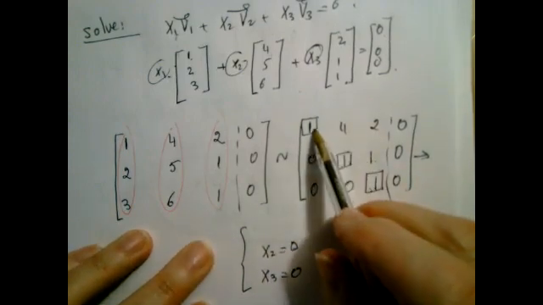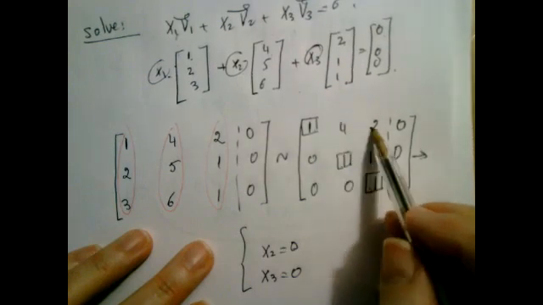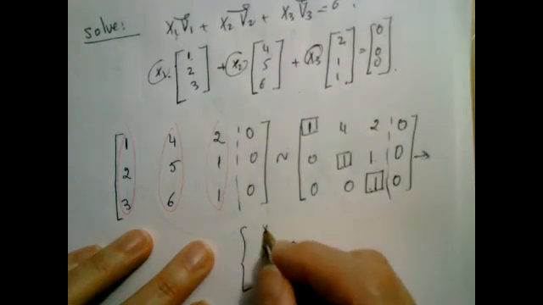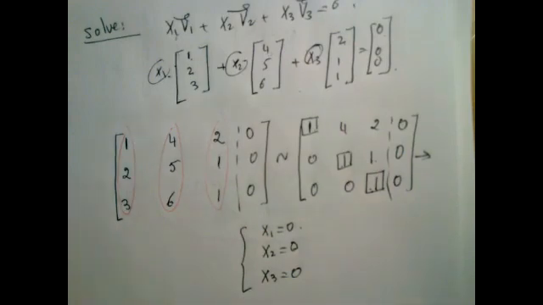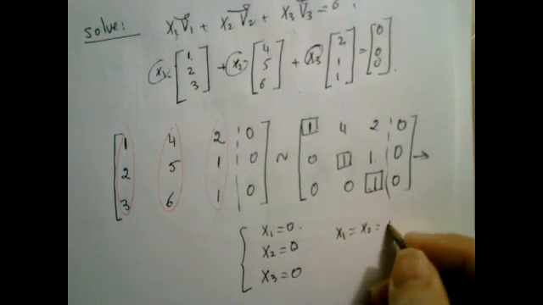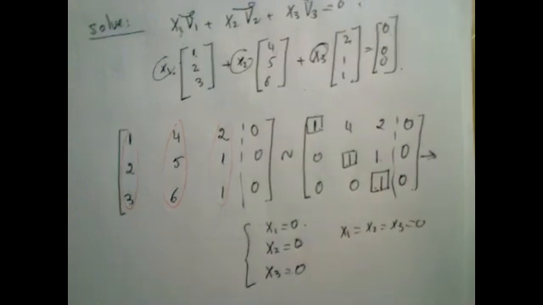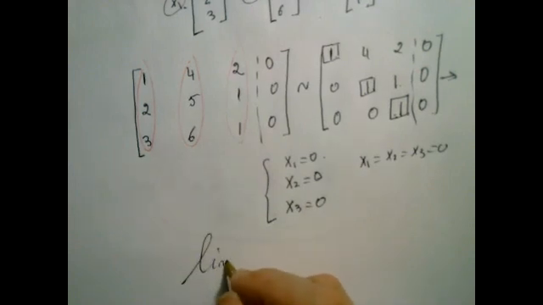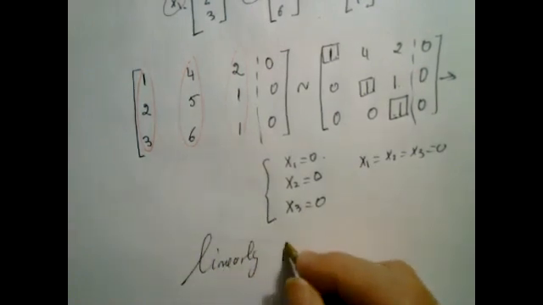The first one tells me x1 plus 4x2 plus 2x3 equal to 0, so x1 is equal to 0. So the only solution is the 0 solution. Since x1 equal x2 equal x3 equal 0, by definition, the vectors are linearly independent.